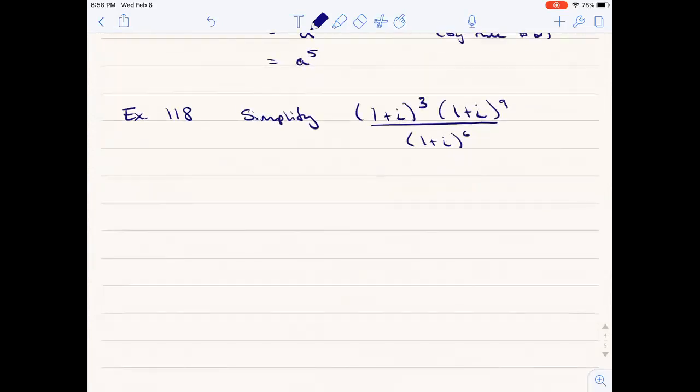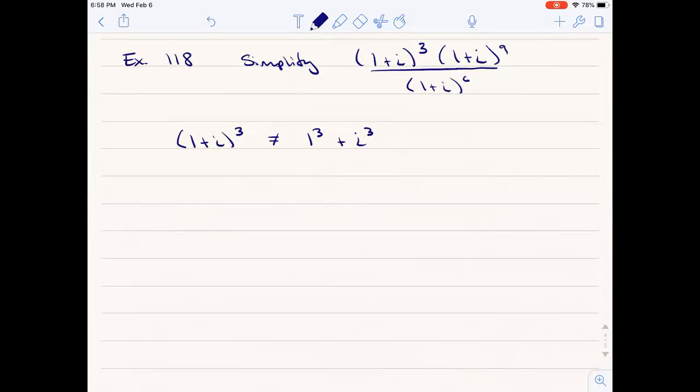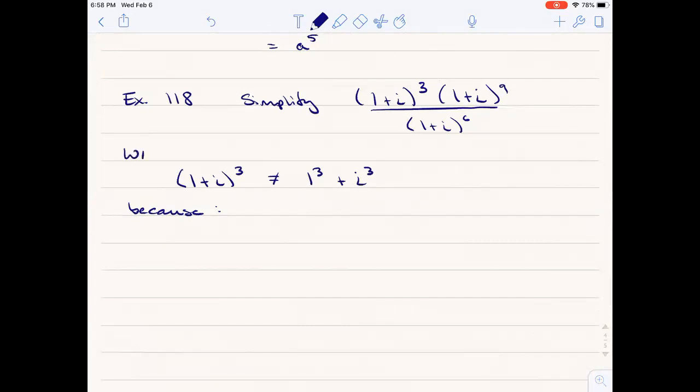So (1 plus i)^3 does not equal 1^3 plus i^3. Warning, warning, warning, because I see this a lot where people try to pull in the powers and it just doesn't work.